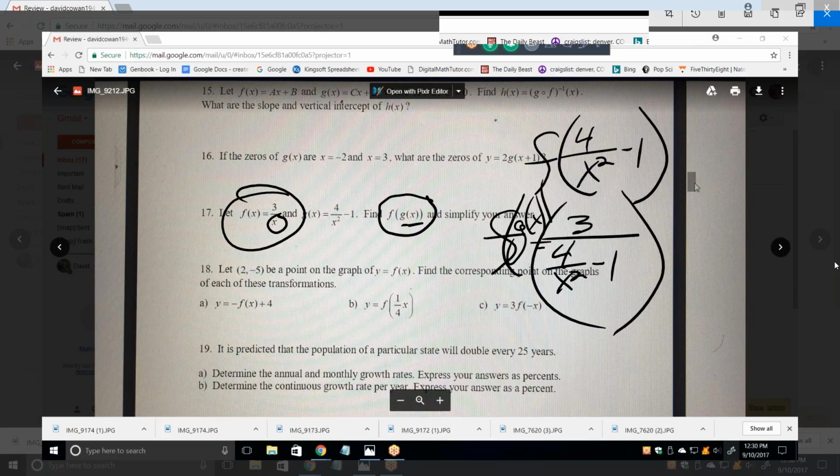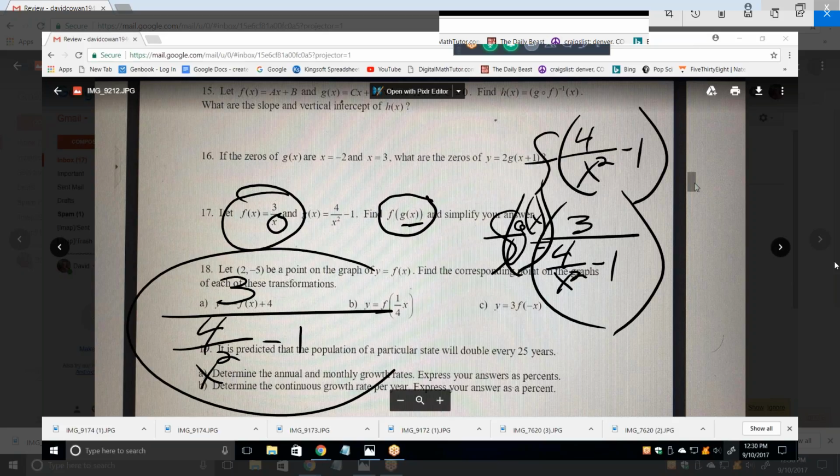The only thing is we haven't simplified it. So let's simplify it. This is just algebra, but it's definitely algebra you need to know. If you had a multiple choice, that would not be one of the choices.